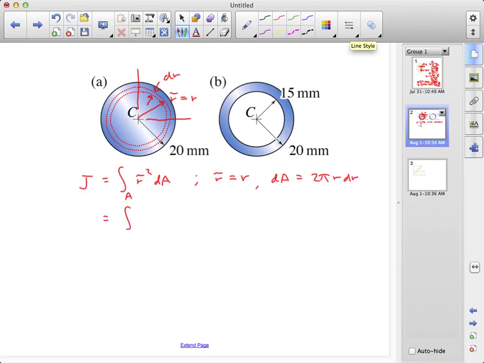For the solid cylinder, the limits of integration will simply go from 0 to its outer radius. For the hollow cylinder, it would go from its inner radius to its outer radius, or we could think about subtracting a smaller radius solid cylinder from a larger radius solid cylinder.